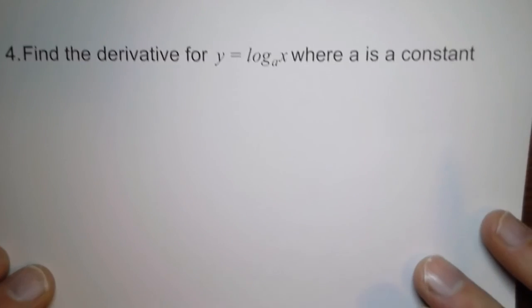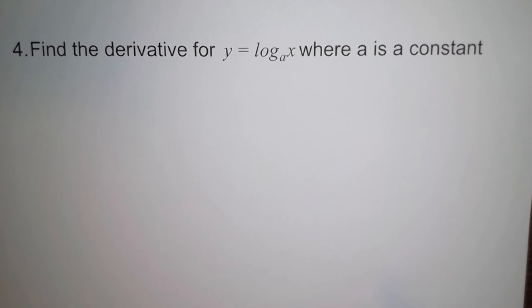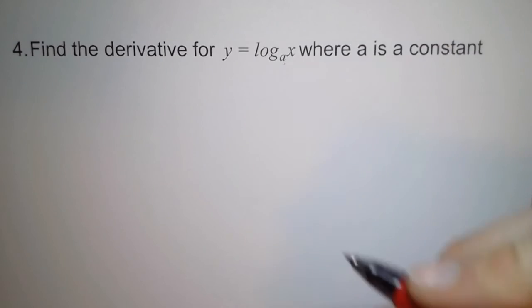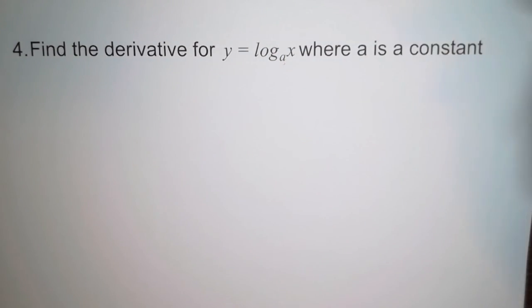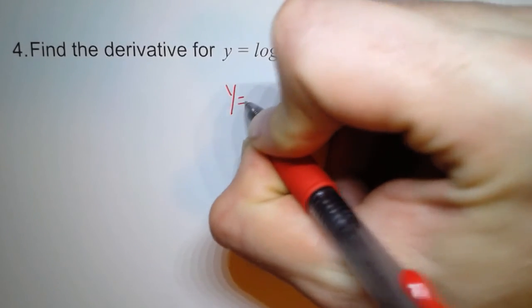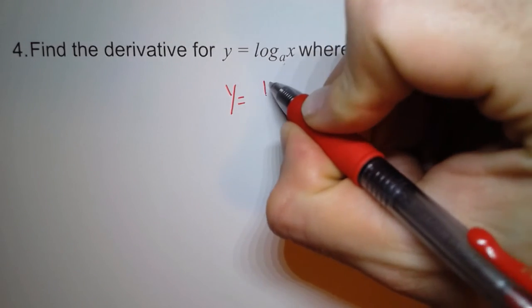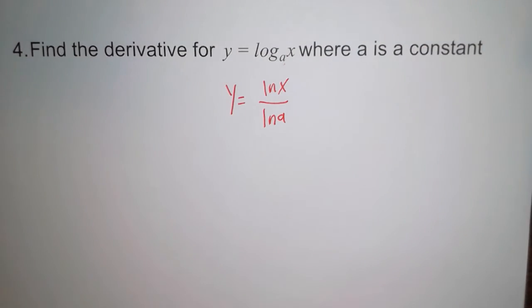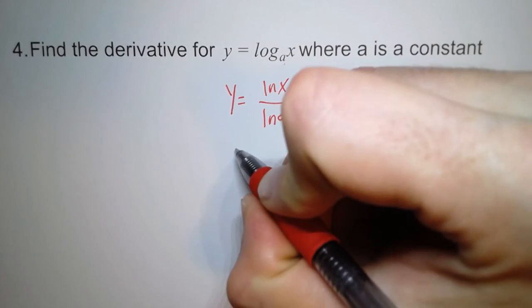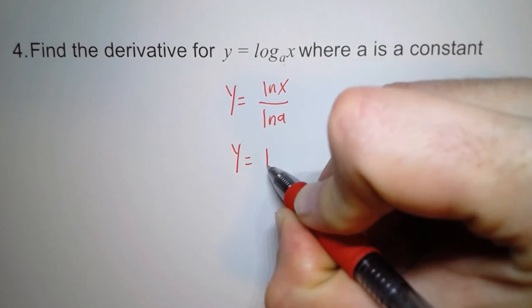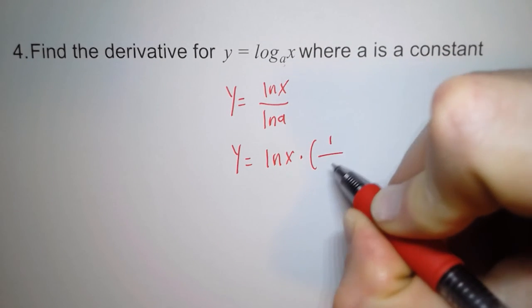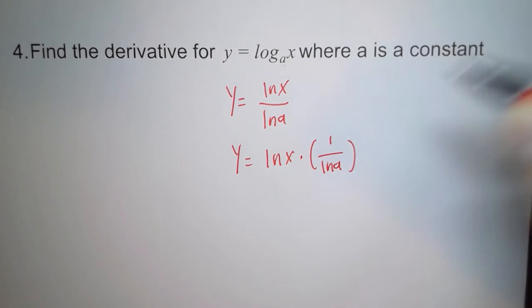Now looking at number 4, this is just the generalized rule for any log with any base, where a is just any constant. So if we follow the pattern that we have used already, we're going to rewrite this as ln of x over ln of a. And again, a is a constant, so like we did before, we can separate out ln of x and 1 over ln of a.